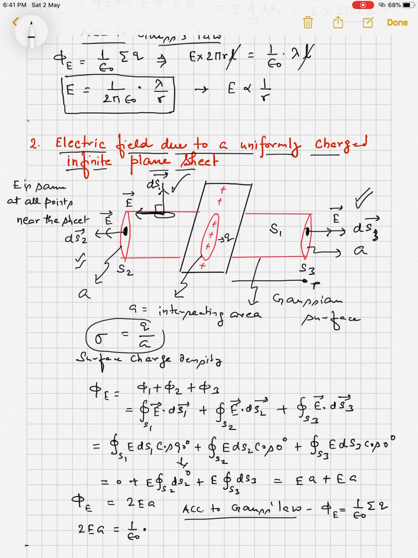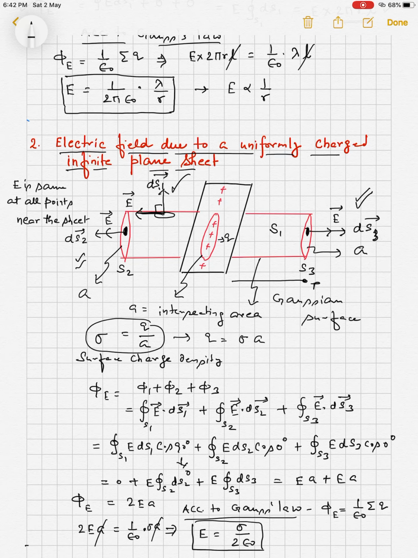From this relation, q will be equal to sigma times A. So A and A cancel out. We have E is equal to sigma upon 2 epsilon naught. So this is the formula of the electric field near a uniformly charged infinite plane sheet, which is independent of distance. So near the sheet the electric field is the same: sigma upon 2 epsilon naught.